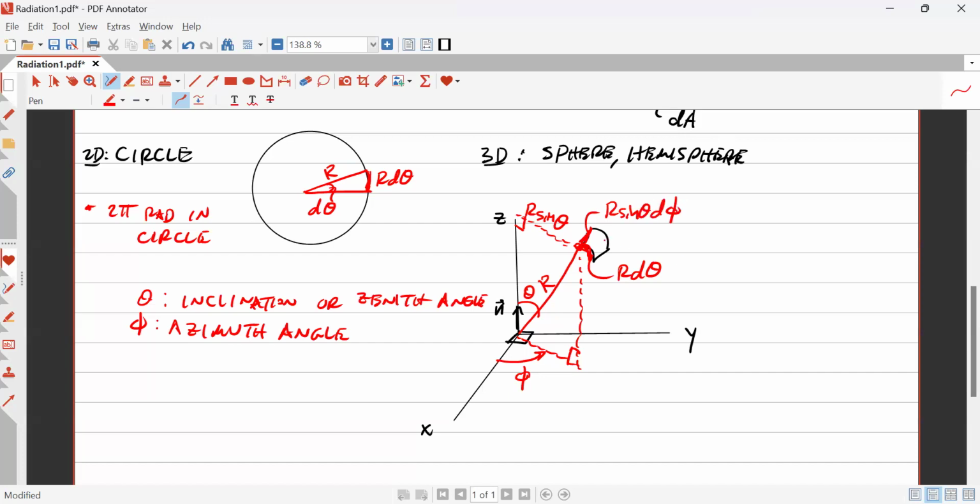So as a result, this area, we'll call that dA, and we'll put a subscript n because the normal of this little patch is pointing right towards the origin, is equal to the product of the side lengths. So it's going to be r sine theta d phi times r d theta, or r squared sine theta d theta d phi.